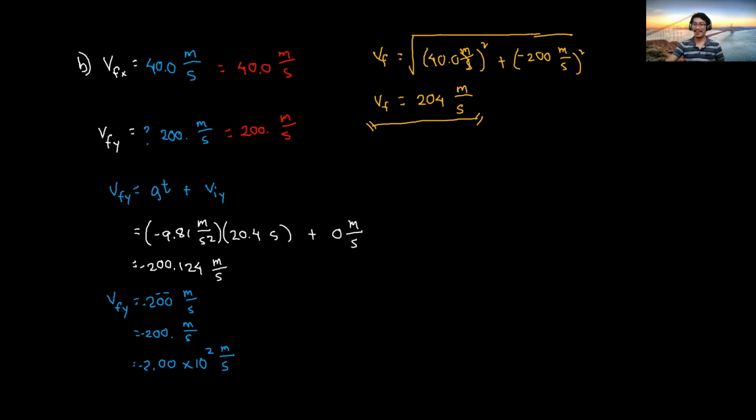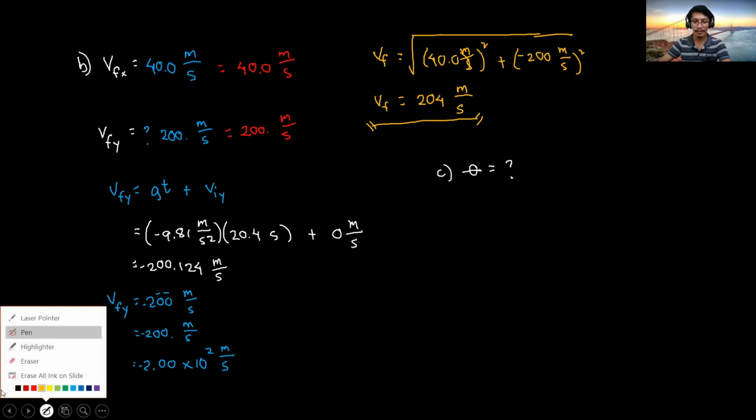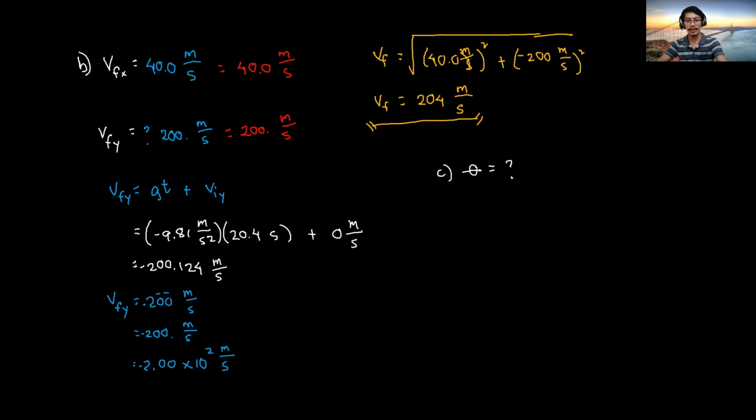So that is the problem. Next is the angle of impact. Theta is unknown. So it is the same process we usually use with vectors. We will use either SOHCAHTOA or TOA. For example, we are going to use the TOA.